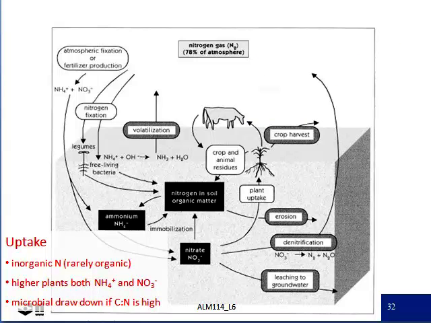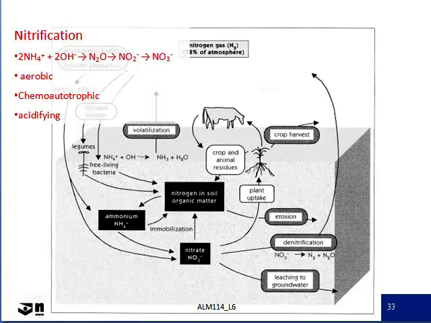Nitrogen is taken up in inorganic form, rarely organic, for higher plants as NH4 and NO3, ammonium and nitrate, and in microbial communities, the microbe draws down if the C to N ratio is high.